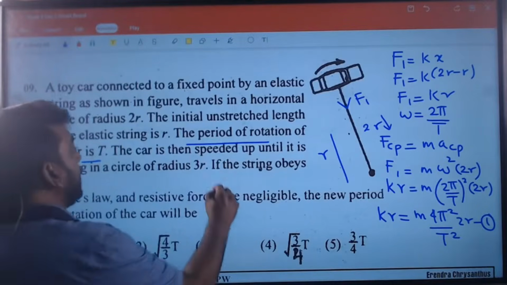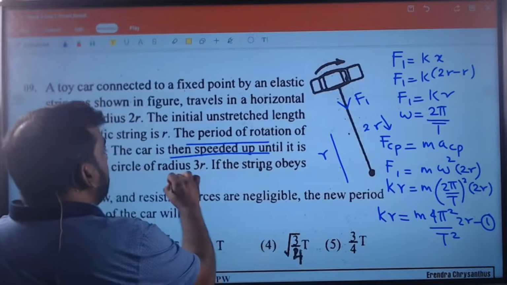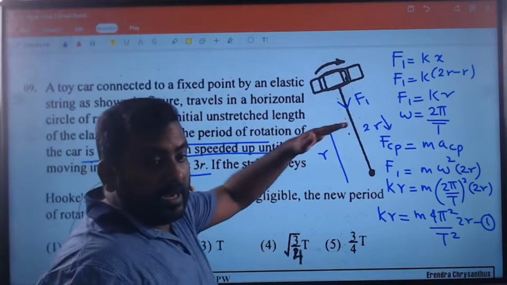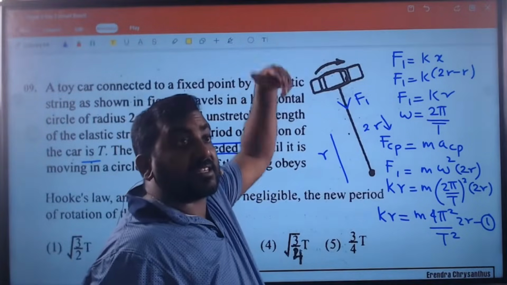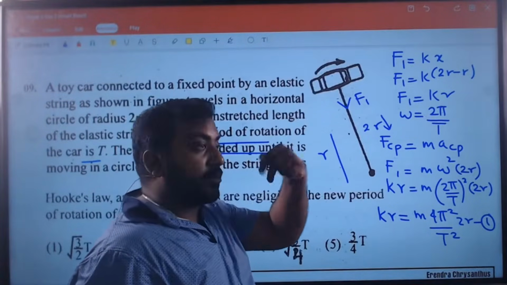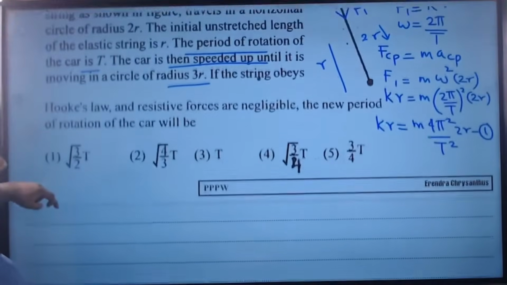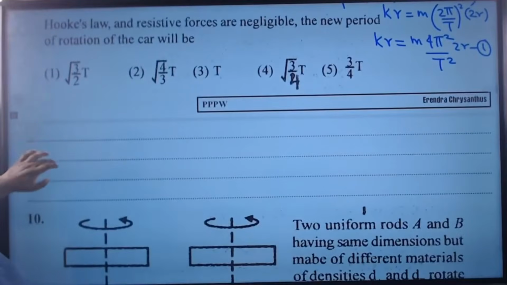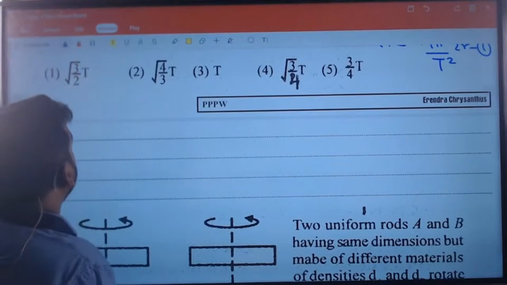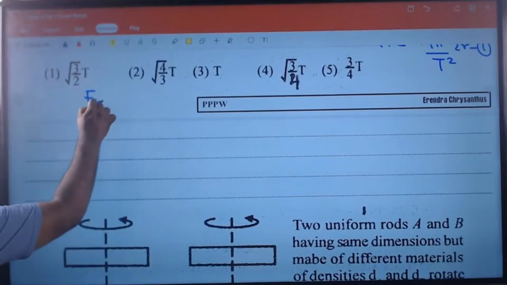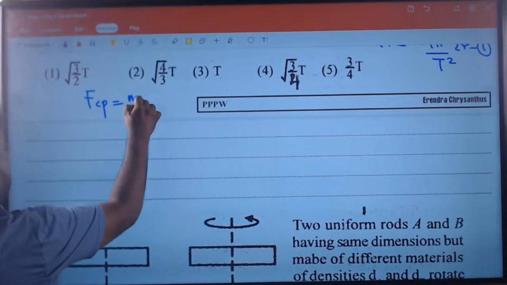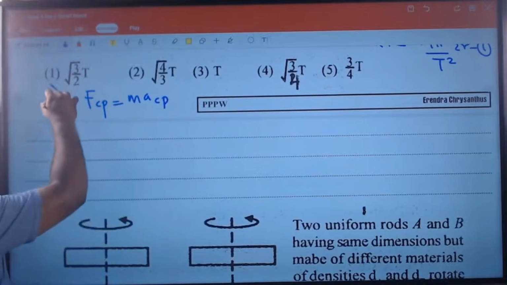Next case. The car is speeded up until the radius is 3r. Now radius is 3r. So what's the stretch length? 3r minus r, that's 2r. So now we can apply here. Again, who is providing centripetal force? The spring force.